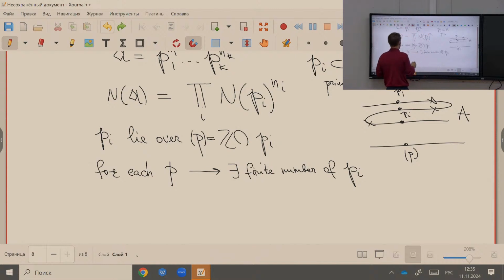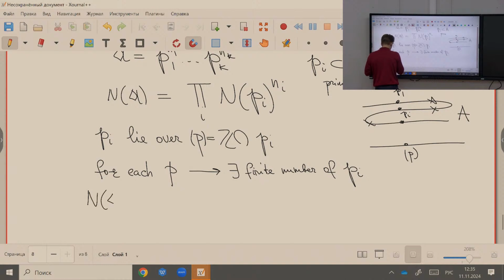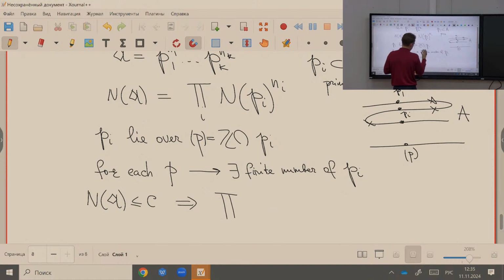So I claim that if you bound the norm, you can write this explicitly.